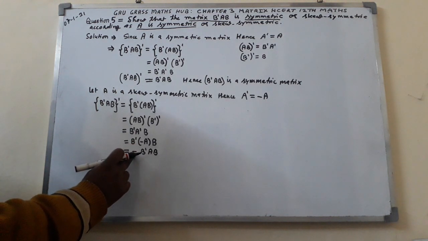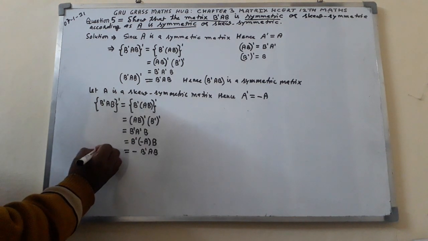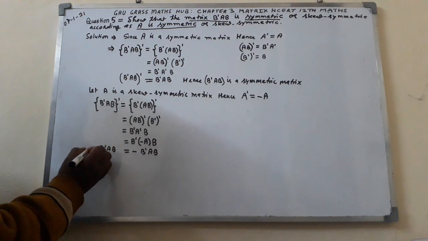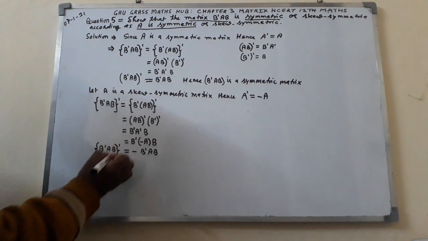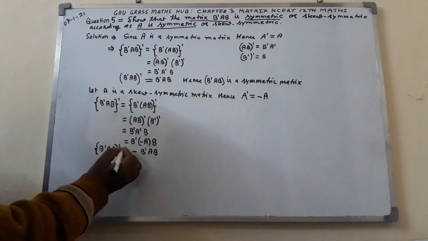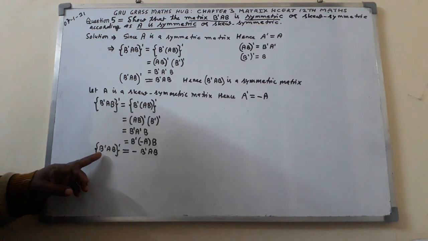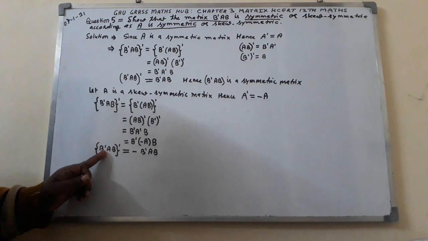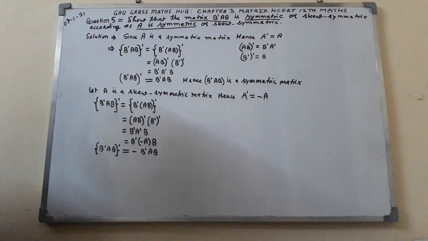This minus will be reflected at this place. You will get here the transpose of B dash AB. Transpose of B dash AB equal to minus B dash AB.